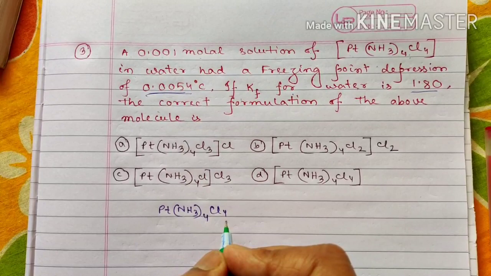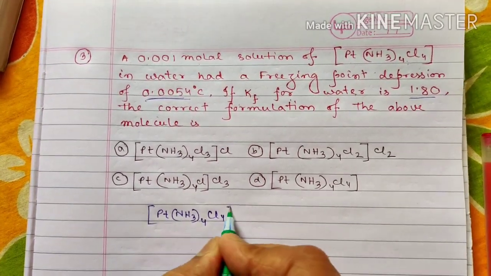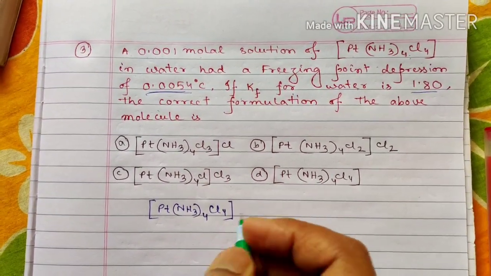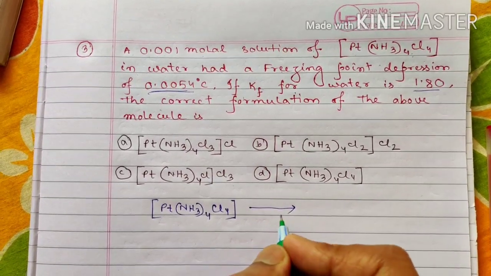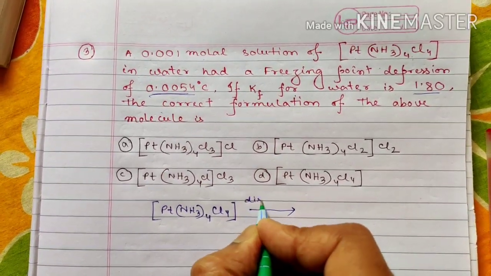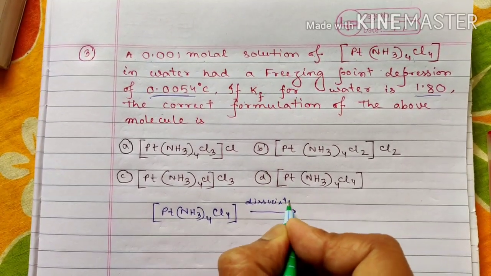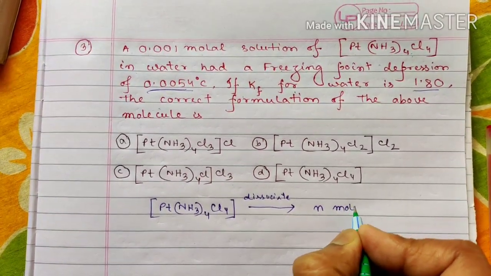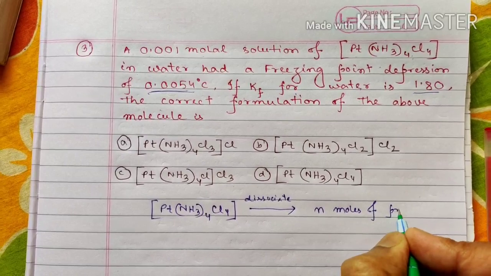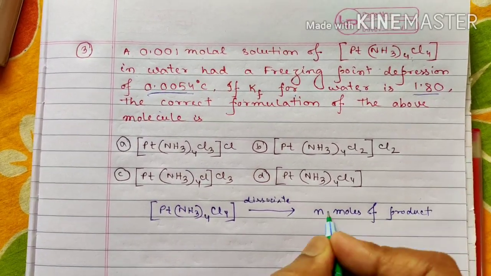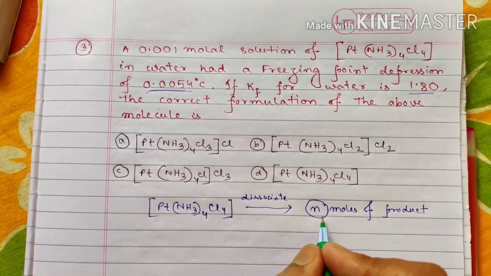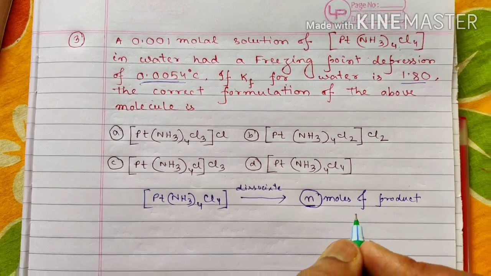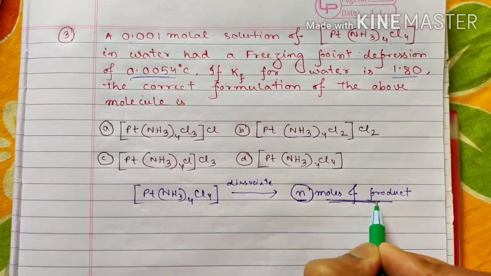So if this is our desired complex which is given, remember it can undergo dissociation. On dissociation, it will give n moles of product. So it will dissociate, it will give some number of moles. What will be the structure of this? We don't know.